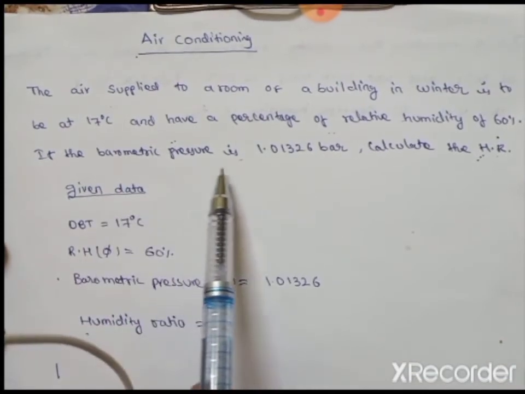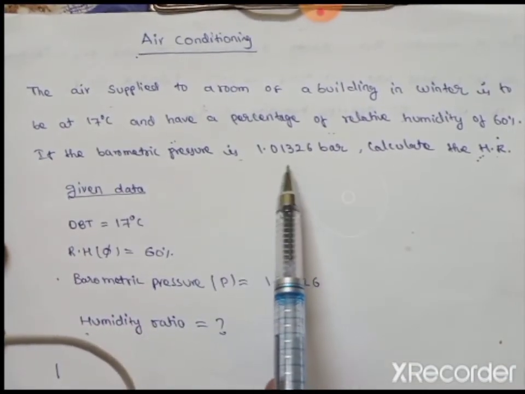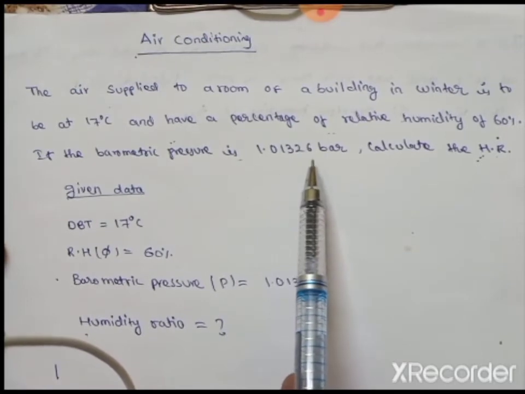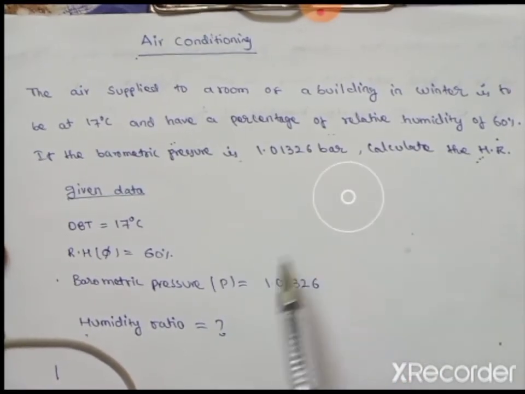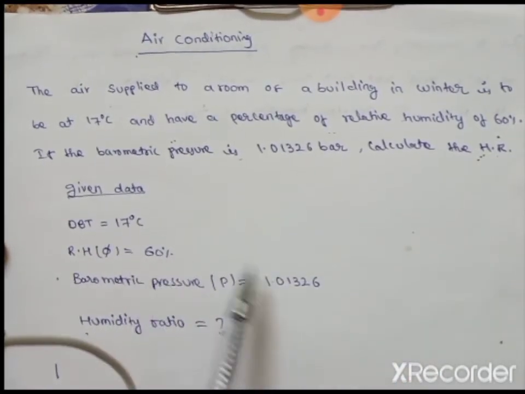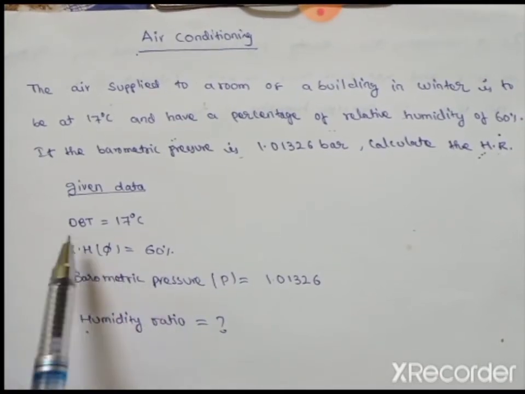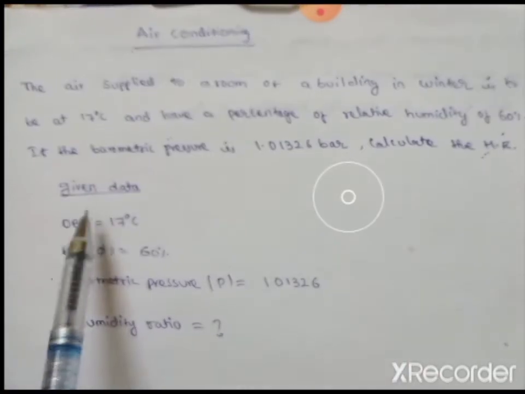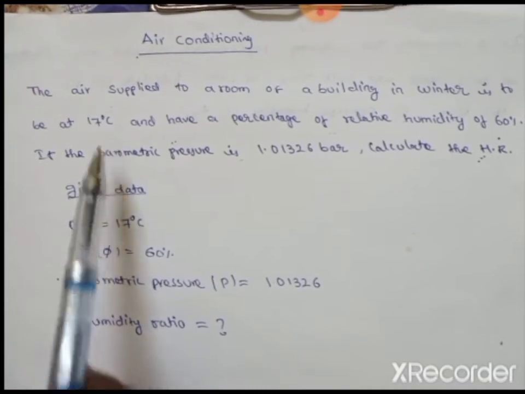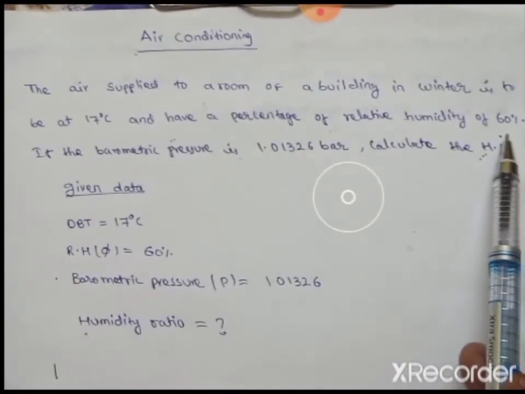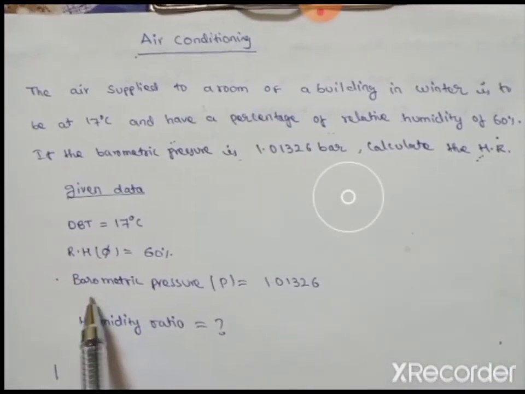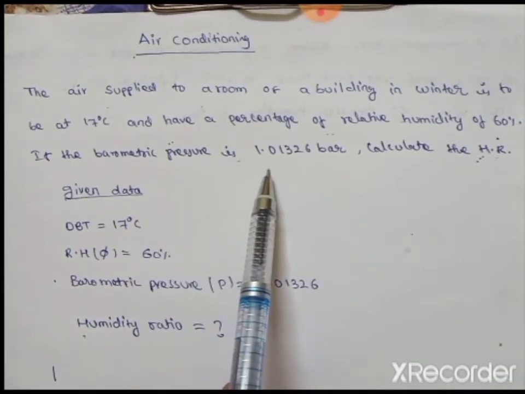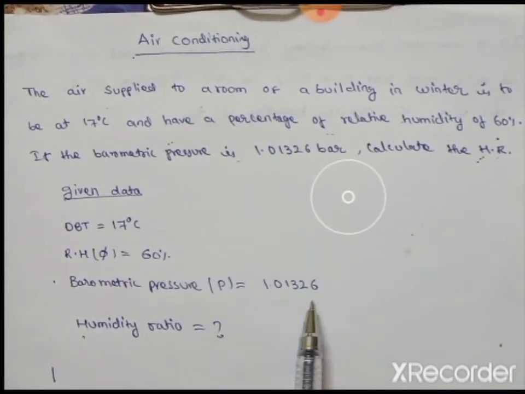If the barometric pressure is 1.01326 bar, calculate the humidity ratio. So the given data: dry bulb temperature is 17 degrees centigrade, the relative humidity is 60%, and the barometric pressure is 1.01326 bar.